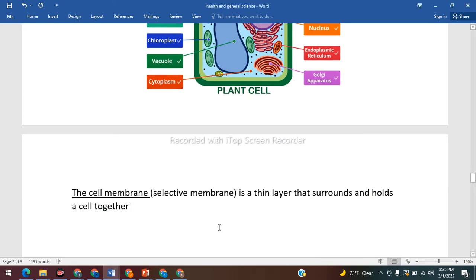Okay, so the cell membrane is a thin layer that surrounds and holds the cell together. It selects which materials will enter or leave the cell through this layer.